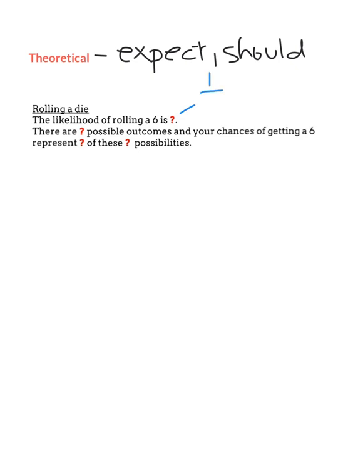So my numerator is 1, and the total possible outcomes are a 1, a 2, a 3, a 4, a 5, and a 6, which gives me 6 possible outcomes. So the likelihood of rolling a 6 is a 1 in 6 chance. To complete the rest of that second sentence, there are 6 possible outcomes, and your chance of getting a 6 represents 1 out of these 6 possibilities when rolling a die.